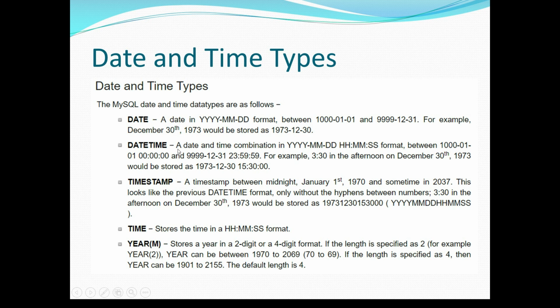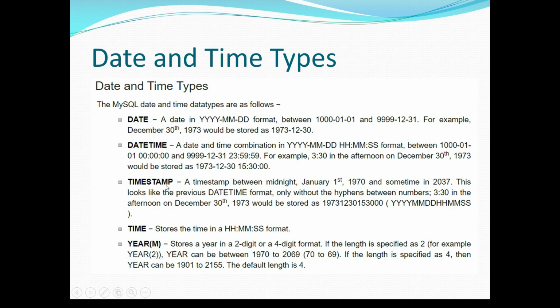Datetime is a date and time combination in this format. For example, 3:30 in the afternoon on December 30th 1973 we should store as 1973-12-30 and the time like this.